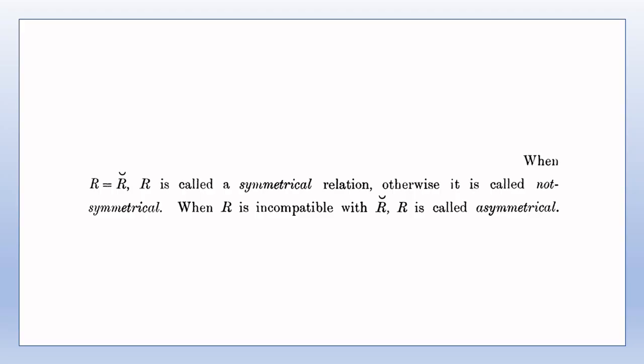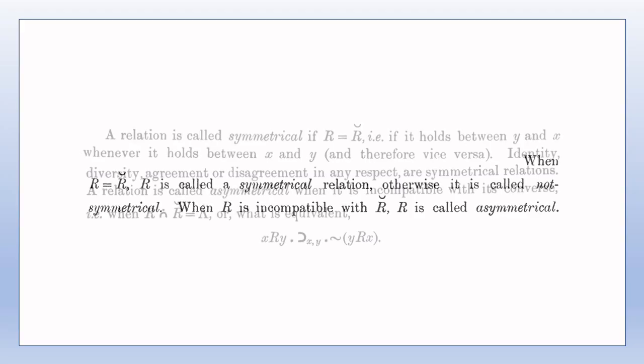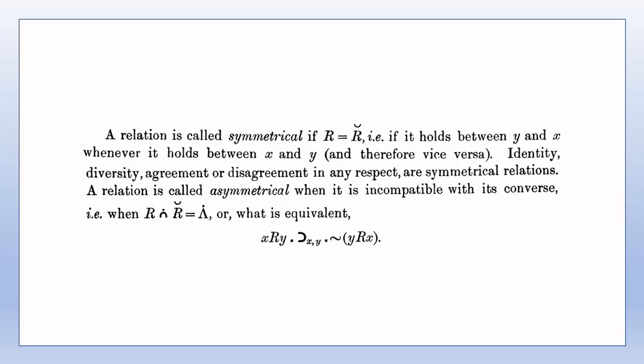We also see on pages 33 to 34 of the introduction, a relation is called symmetrical if R is equal to the converse of R, i.e., if it holds between y and x whenever it holds between x and y, and therefore vice versa.